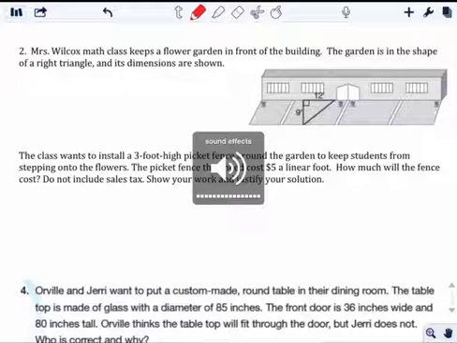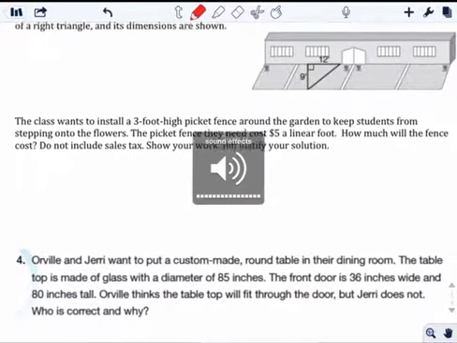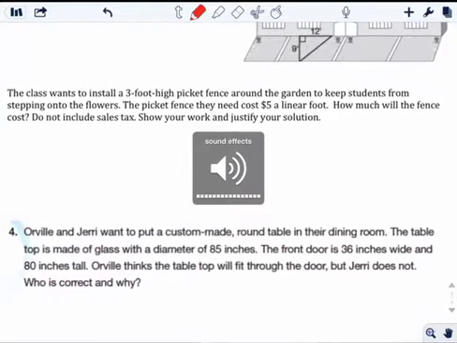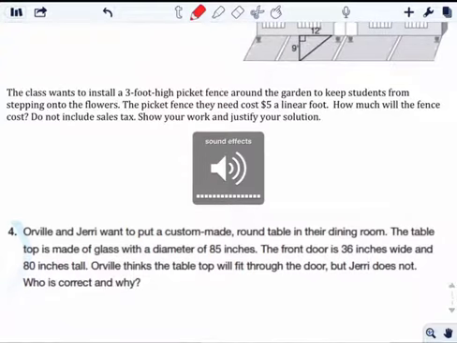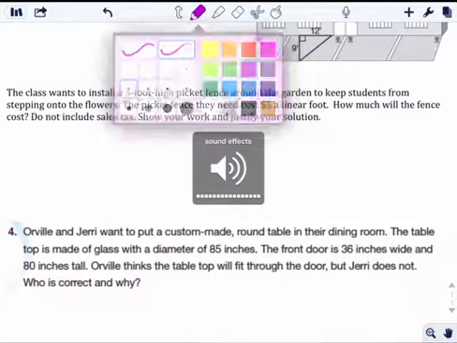The picket fence costs $5 a linear foot. How much will the fence cost? Do not include sales tax. Show your work.